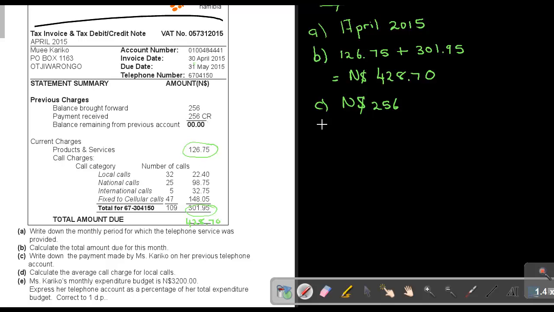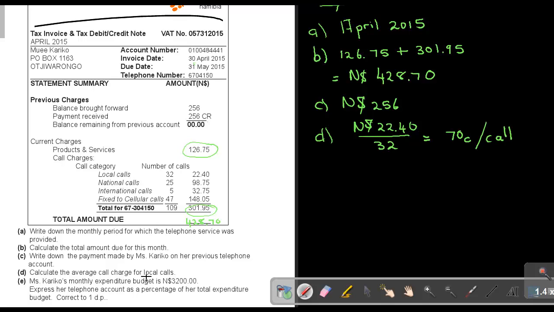This is the calls. So I can just say it is 22.40 divided by 32, and if I divide that, that will give me an answer of 70 cents per call. Okay, that's a rate.